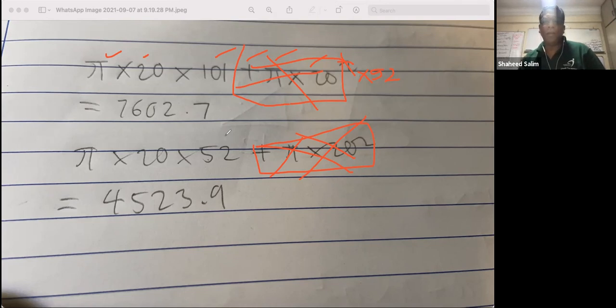So you find out these two without this one, without the second part. You just plus these two. These two plus together.